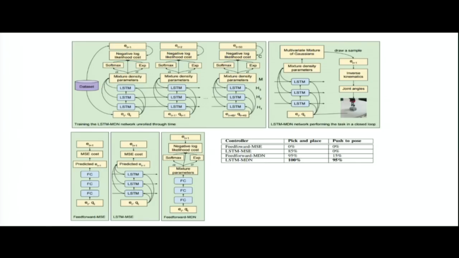If you have feed-forward multimodal, then it succeeds a bit more. And if you have both recurrent and multimodal, then that's the one that they found to work the best. So this is an evaluation of those two design choices, whether you use recurrence and whether you use multimodality. And then all their training was in the virtual world, but it still does something sensible in the physical world, but there's a little bit of a regression there.